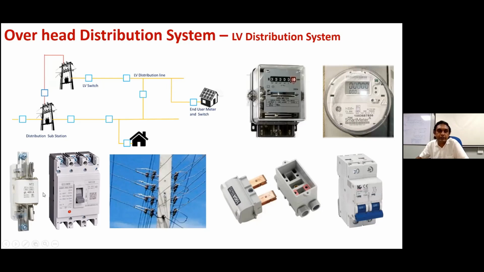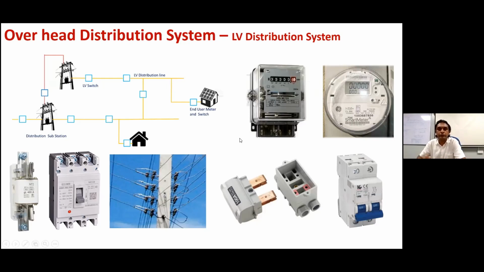Same function as here. After that, the current passes to the meter. This is an analog energy meter. We all know, I think we all have seen this analog meter. But now utilities replace this analog meter with a smart meter because utilities are slowly moving to automated systems.